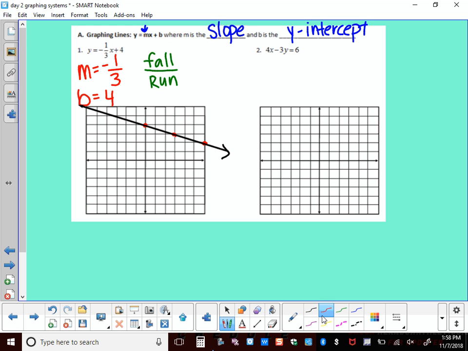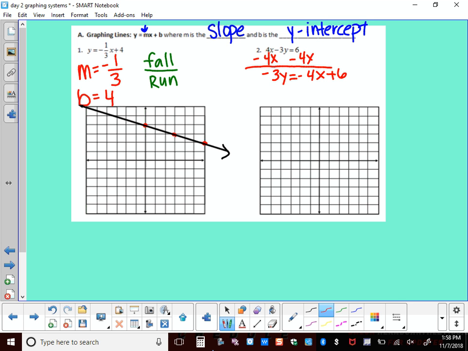Is number 2 y equals? No, I need to get it there. So I have 4x minus 3y equals 6. What needs to go? So I subtract 4x. And what's left over? Negative 3y equals negative 4x plus 6.